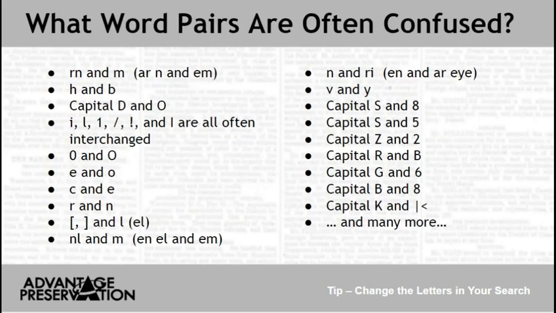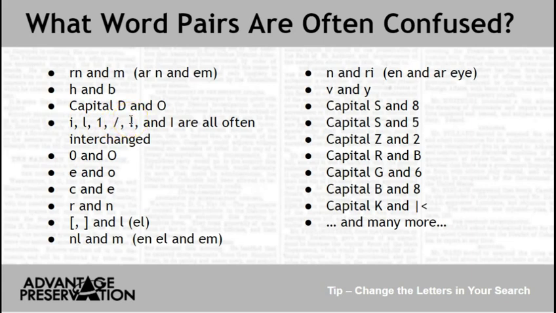So what letter pairs are often confused? And here's a list of approximately 18 or 20 of them. And just look at them. RN and M. See how close that RN is to an M? H and a B. All it takes is a little ink spot right there at the bottom of the H and it becomes a B. A capital D and an O. We showed you an I and a 1, or maybe a small L, a slash, an exclamation point.